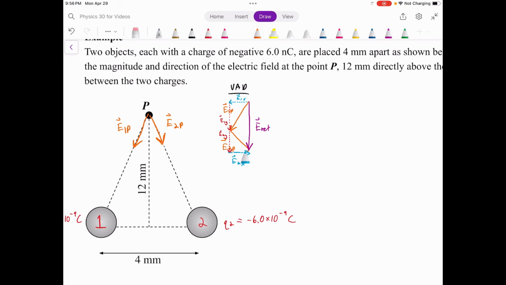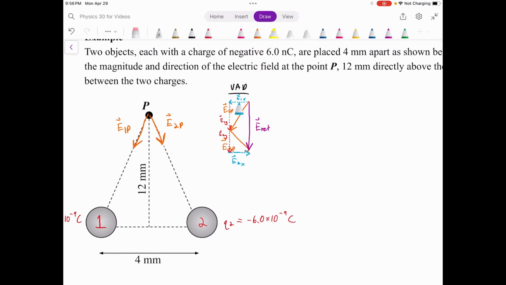And this gets at an idea that we can see. The electric field from object 1, its x component is just going to cancel with electric field from object 2's x component. Now, we can only be so sure of this because this is directly in the middle of them horizontally, and they have the same charge magnitude.